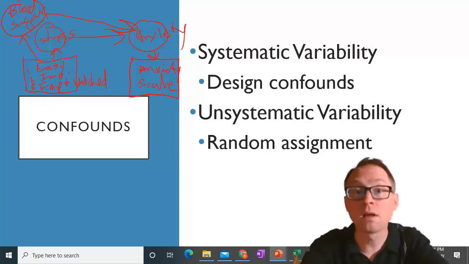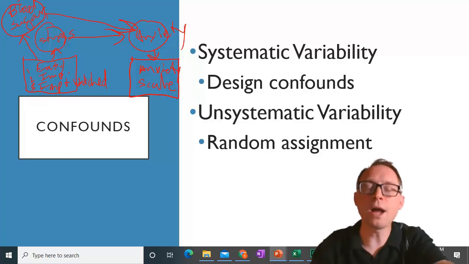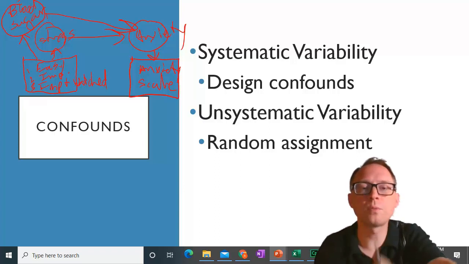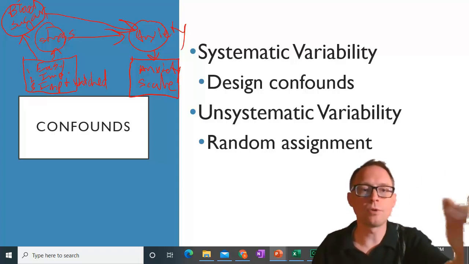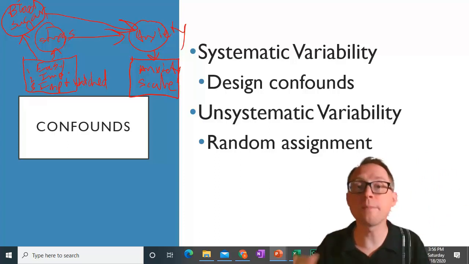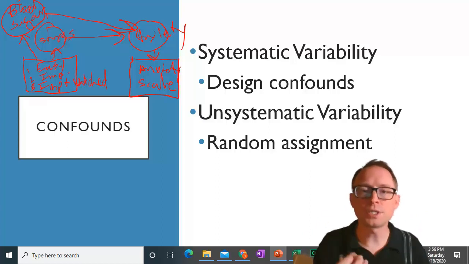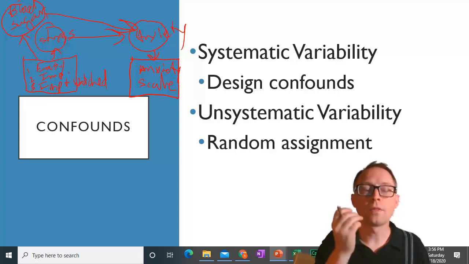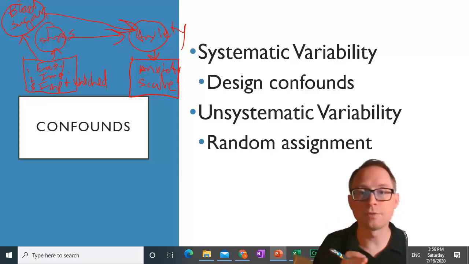And you say, how do you know? It's confounded. What's going on is the stress manipulation is confounded with blood sugar, right? Every time you change their stress, you also change their blood sugar. It was systematic. It was something in the way that you designed it that changed it. Systematic variability is when something else varies that's not supposed to vary, right?